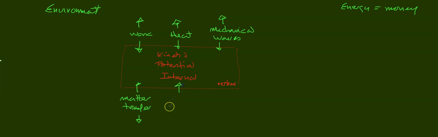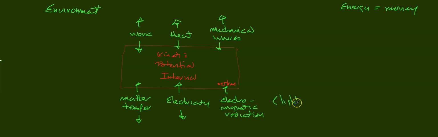You can have electrical transmission, or electricity, let's say. We're very familiar with this one. We plug our systems into the wall to get electricity from the network. A last possibility could be, in general, electromagnetic radiation, which is pretty much light, right?